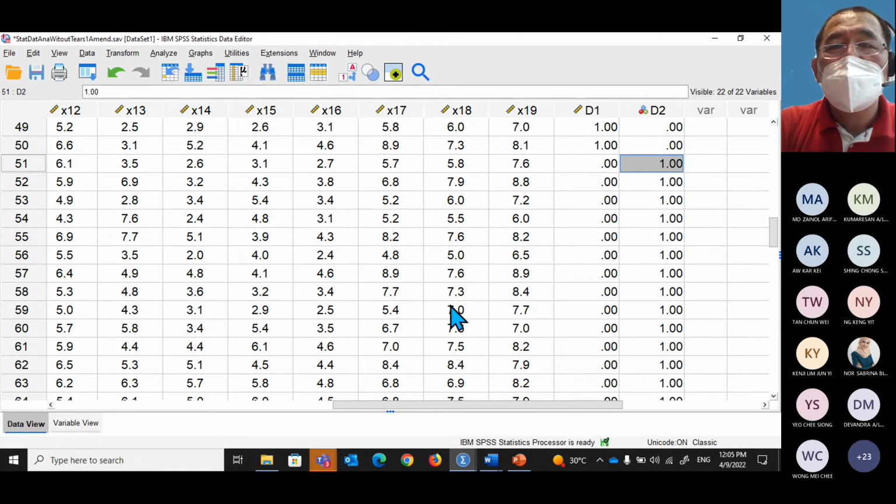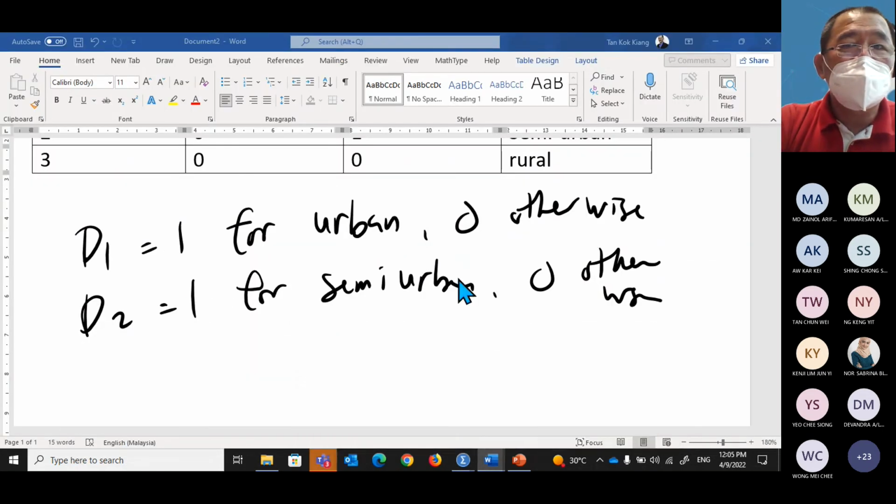Is it the 30 samples? Yes, you can see back this table.